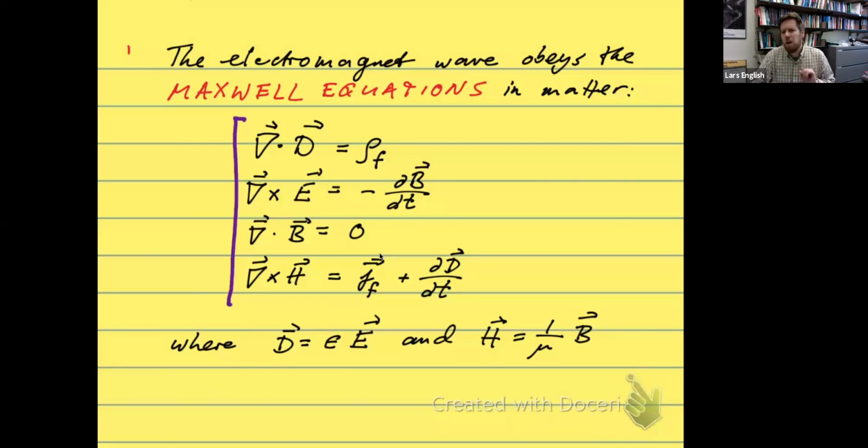Now, I'm going to say here, parenthetically, that not everyone in this course will have seen those four equations. And I'm aware of that. You really only get well acquainted with them in a course like Physics 312, electricity and magnetism.